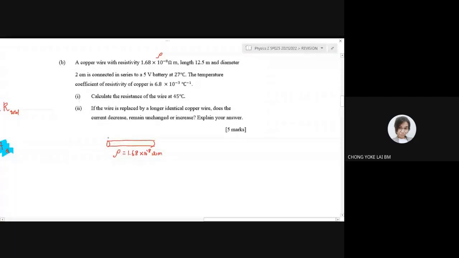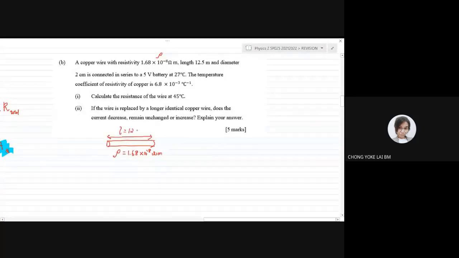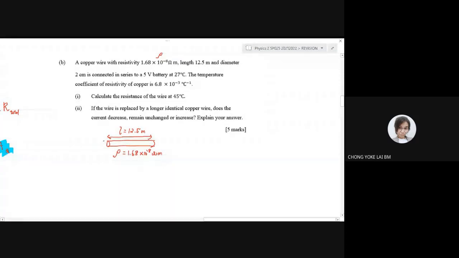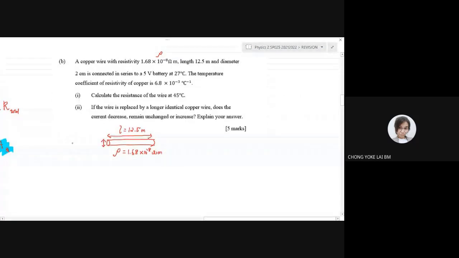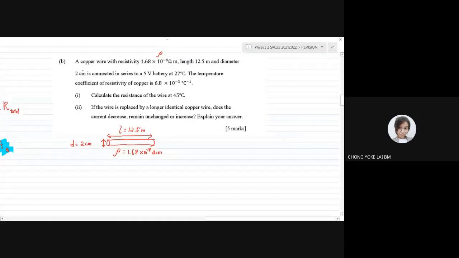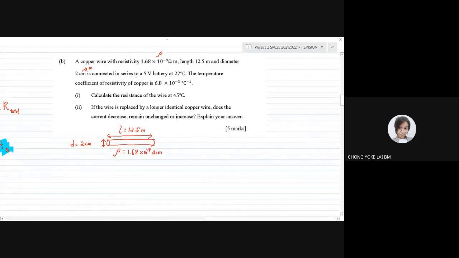The length of the wire, L, is 12.5 meter, and the diameter of the wire is 2 cm. So the cm have to change it to meter. It is connected in series to a 5-volt battery at 27 degrees Celsius.